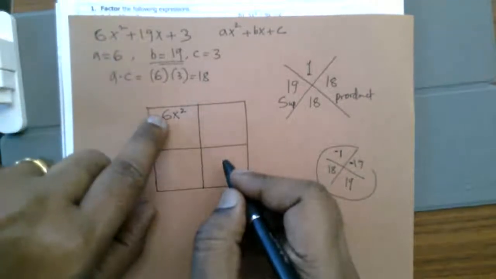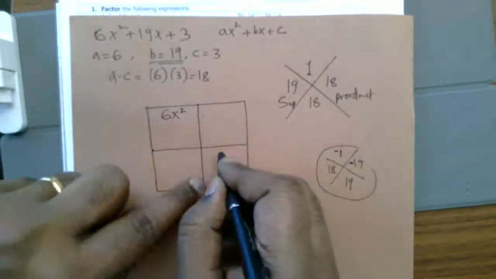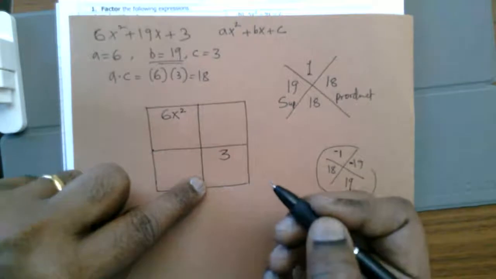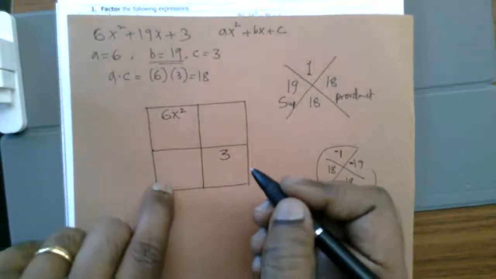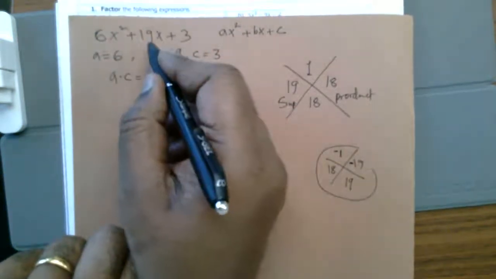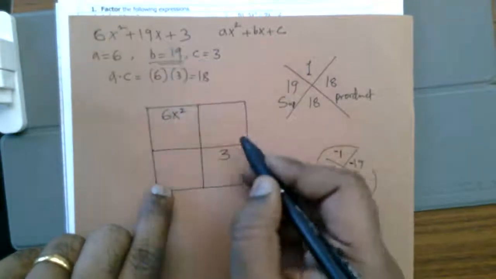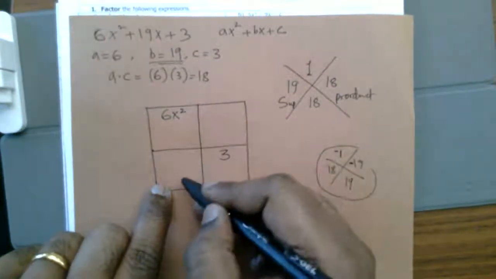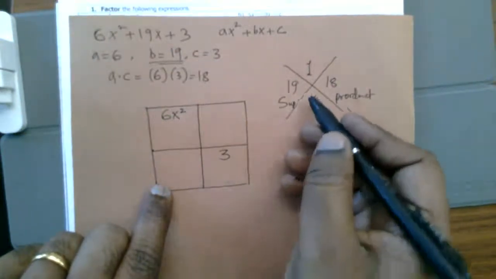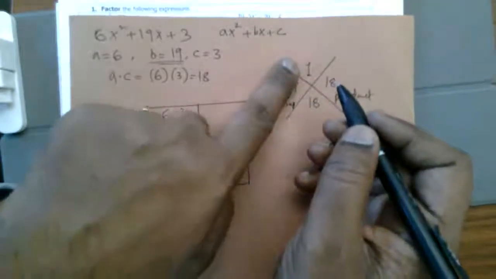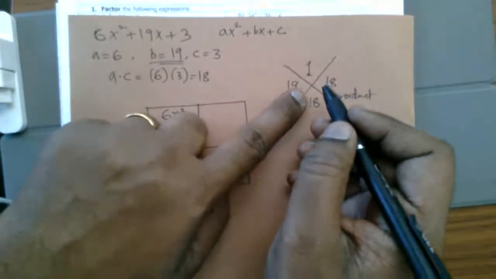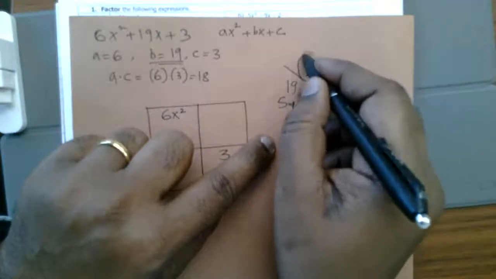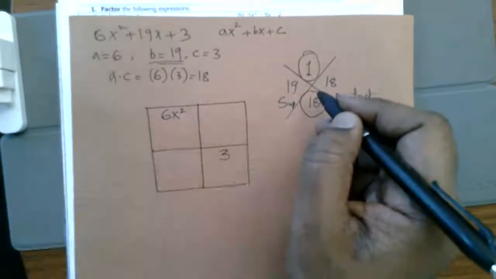First term first. Last term. Now the middle term will take 19. And that 19 you have to distribute between these two. And how do you do that? 1 and 18. See, this is where you are applying your 1 and 18.